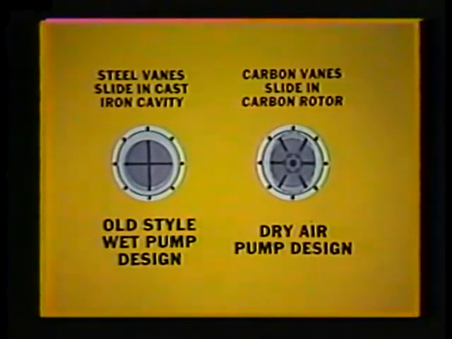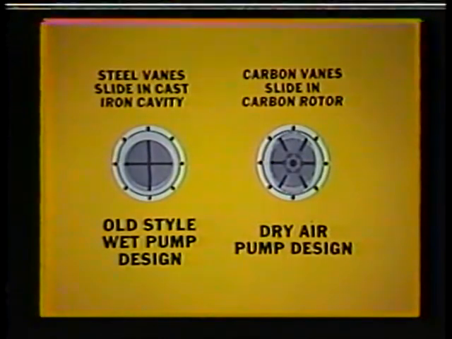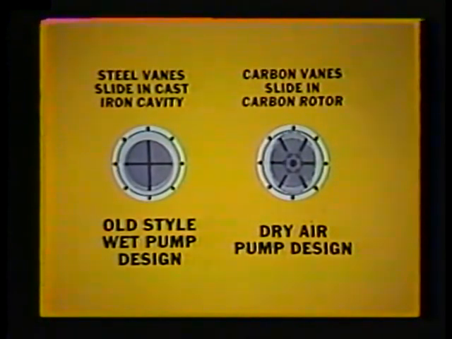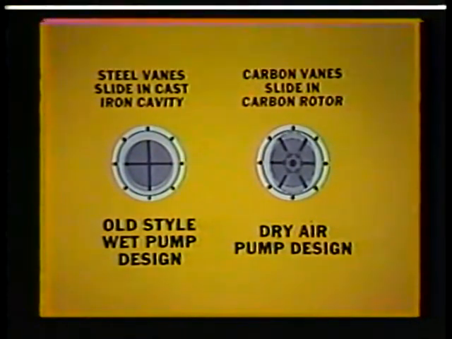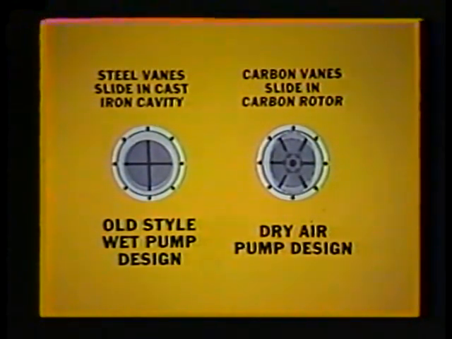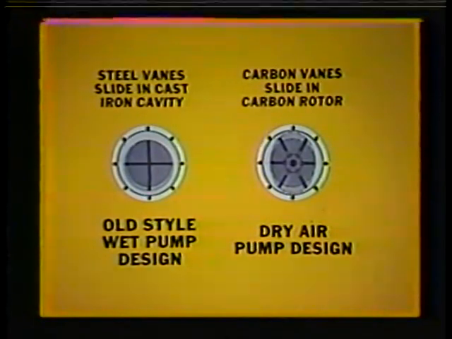This new generation of dry air pumps eliminates the need for external oil separation devices, and rather than using steel vanes that rotate inside a cast iron cavity, these pumps employ carbon vanes sliding in a carbon rotor. These vanes wear constantly in microscopic amounts to produce the lubrication required.